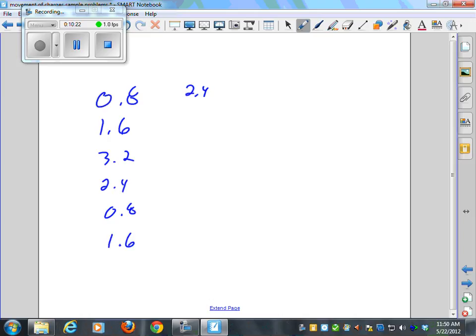Let's just say that he found that many charges. They're never smaller than what? They're never smaller than 0.8, and they're all multiples of 0.8. 0.8 goes into them all.